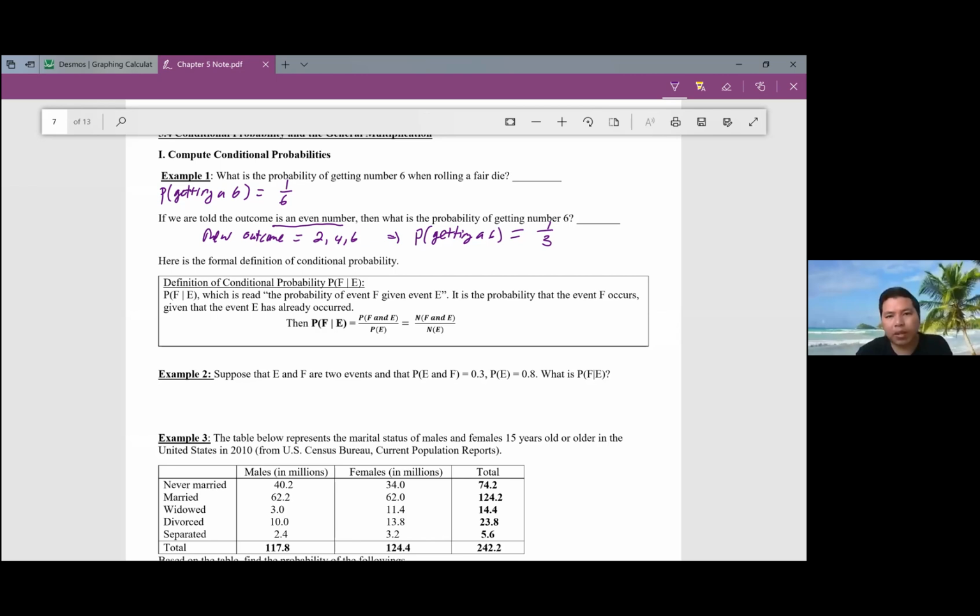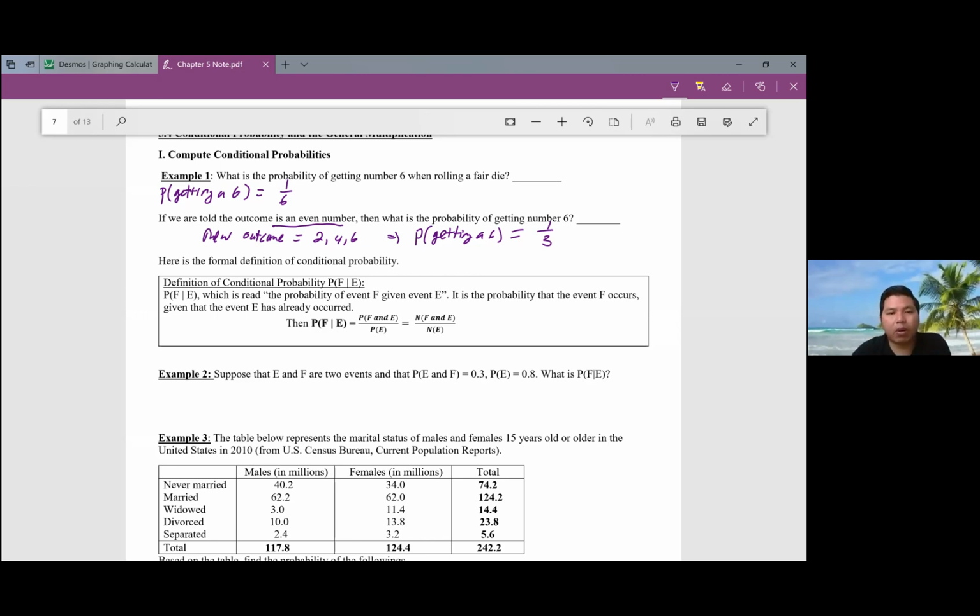So put everything together, right? We have the formula for conditional probabilities, all right? So you might see the notation P, parenthesis, F, then the vertical bar, and then E, okay?